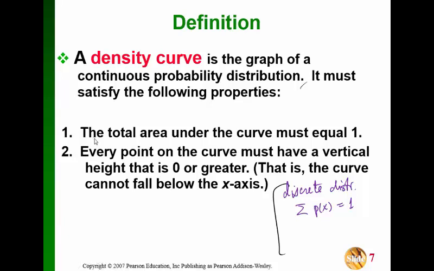Well, saying the total area under the curve must equal 1 is pretty much the same thing as saying the sum of all those probabilities are equal to 1. Except because it's continuous, we can't think about adding up those probabilities because there's an infinite number of them. So instead of adding up those probabilities, we refer to the graphical representation of it. That's the density curve. And the area under the curve has to equal 1. So that bell-shaped curve, the area under the bell-shaped curve is equal to 1.